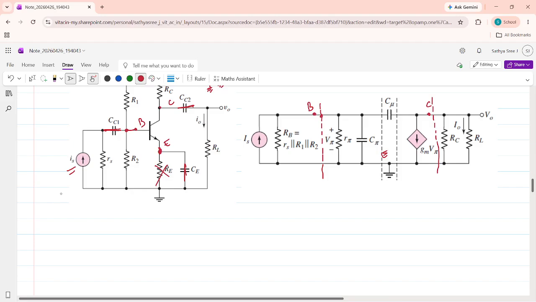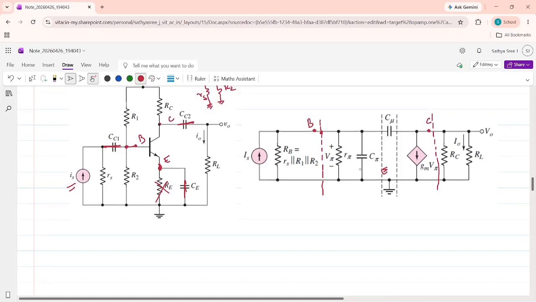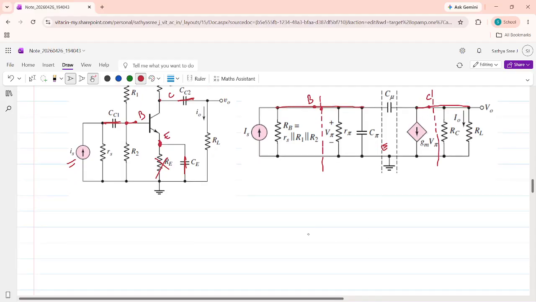From the circuit we are going to derive the Miller capacitance. If you see here, the dotted line has a capacitance. To the left side of this capacitor, all the components are in parallel. There exists only one node here, this base node B. So there exists a single input node, and here also there exists an output node.